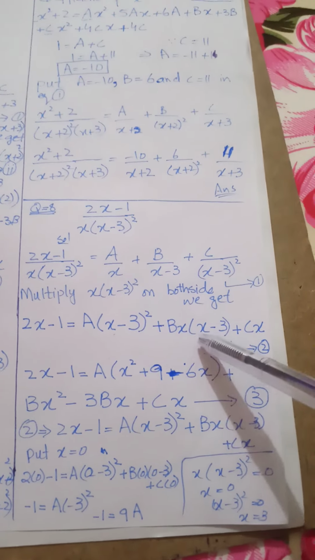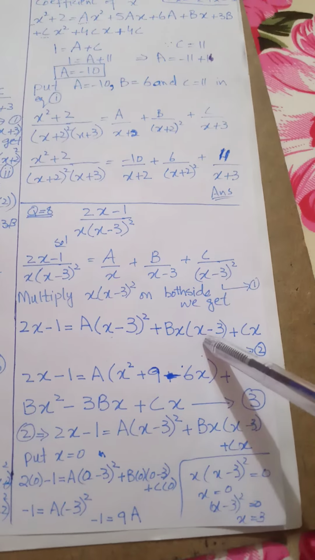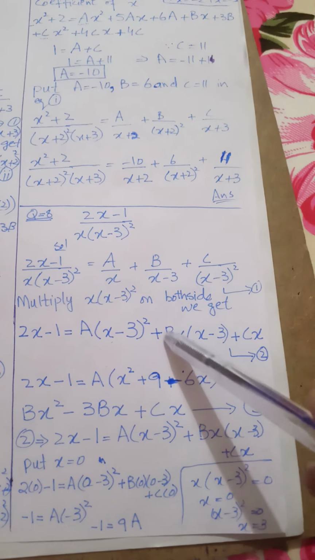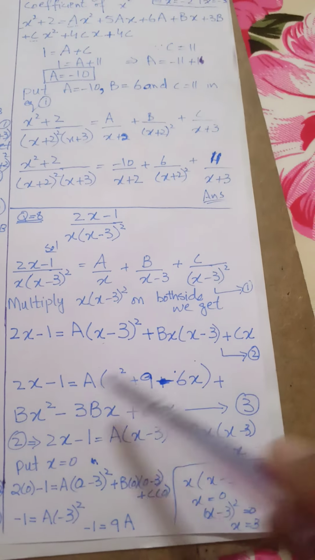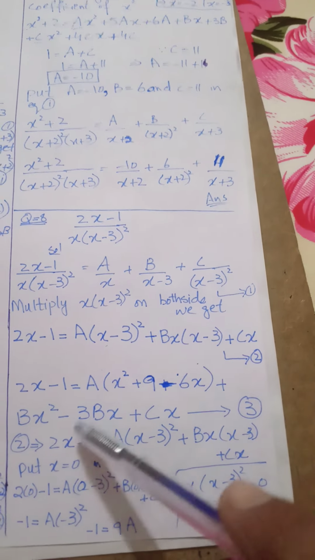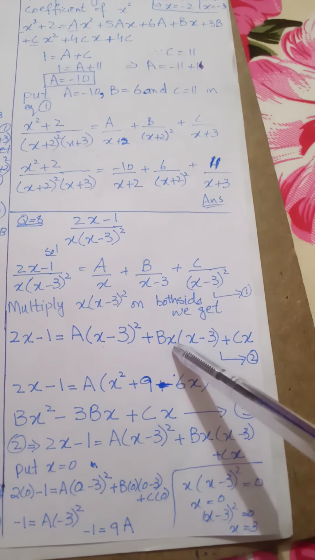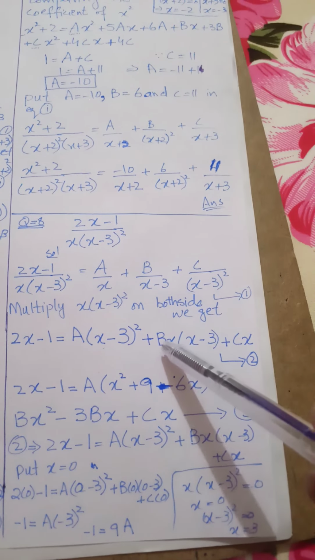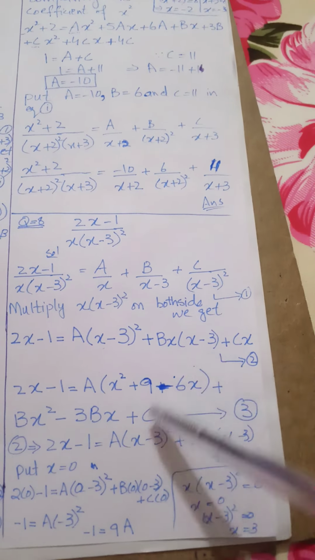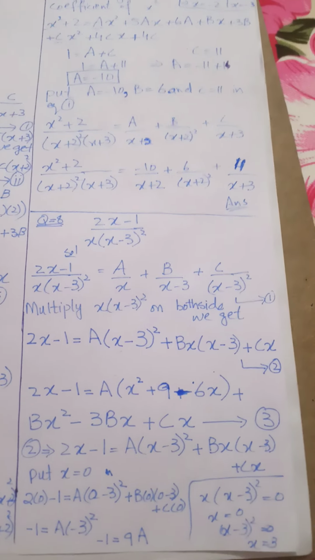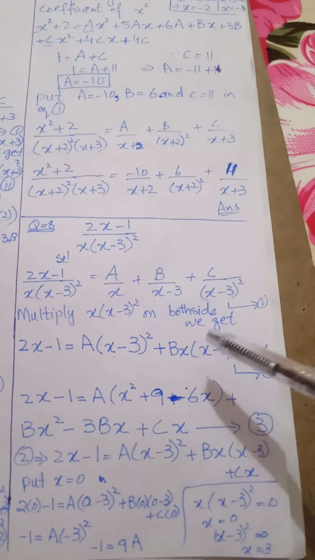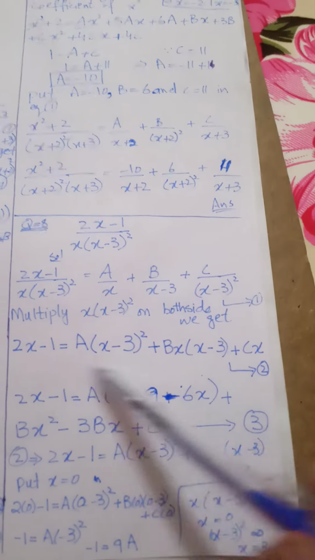Similarly, x and x will be x square, and when bx is multiplied with x, this will be bx square. Similarly, minus bx when multiplied with 3 will be minus 3bx, plus cx. Now this is equation number 3. Equation 2 implies that, now this is equation number 2.